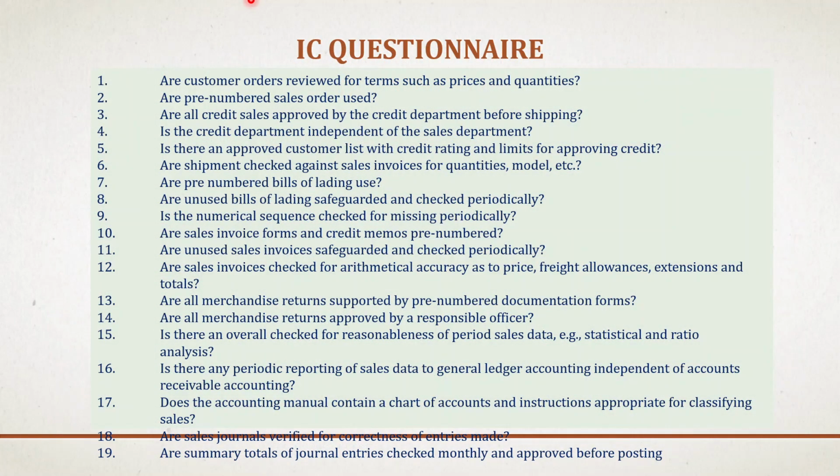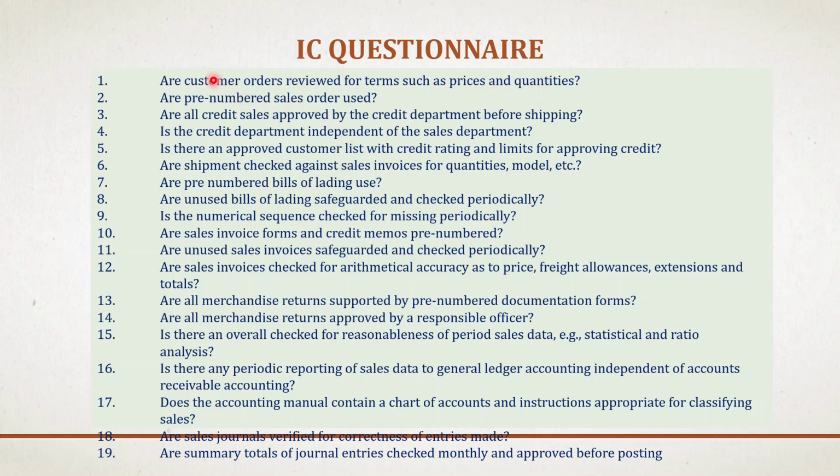So normally in practice, in order to know that the internal control actually exists and is actually implemented, when we do the test, we follow certain checklists, call it an internal control questionnaire.